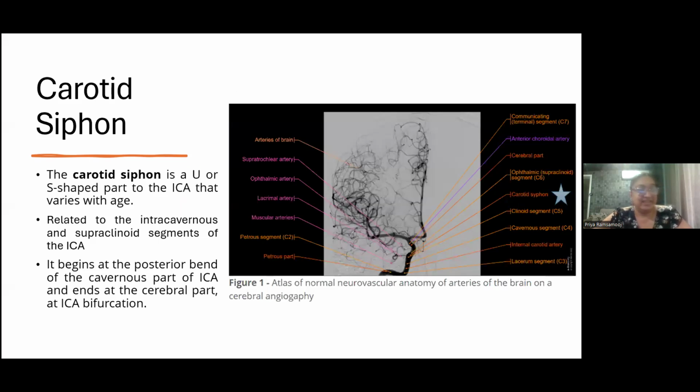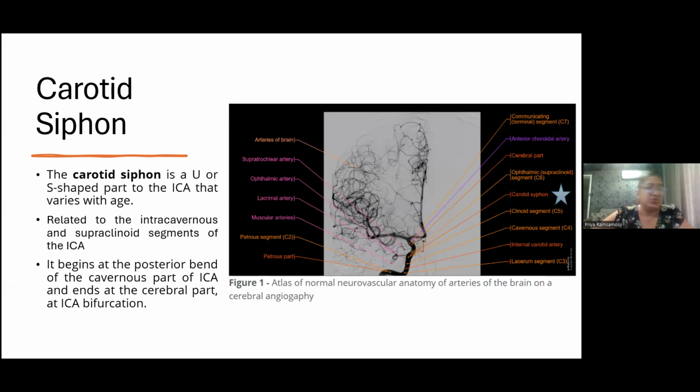The carotid siphon, I included it because it's an anatomical structure, but that is really more a radiological landmark. So the boundaries are not well anatomically defined, but it bears particular importance because it's a tortuous vessel segment with sharp bends through which blood enters the anterior cerebral circulation.